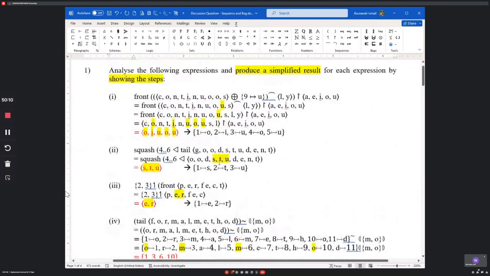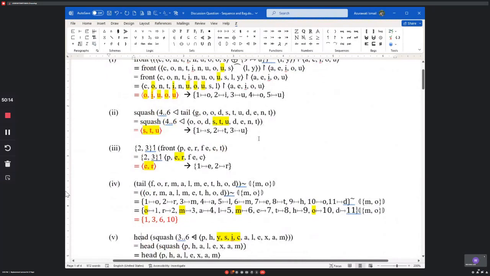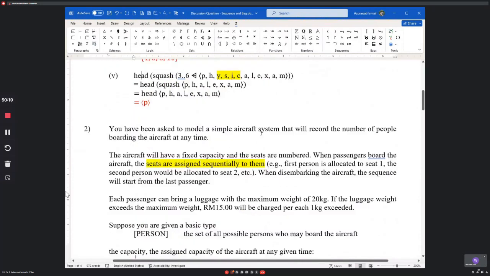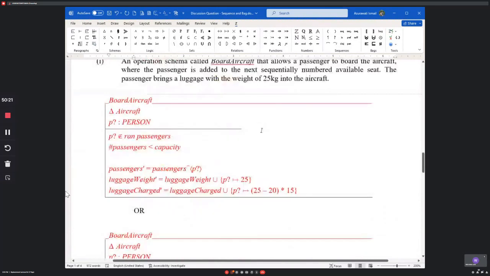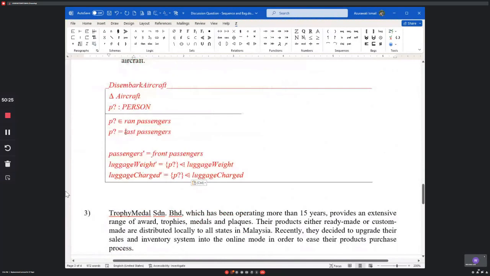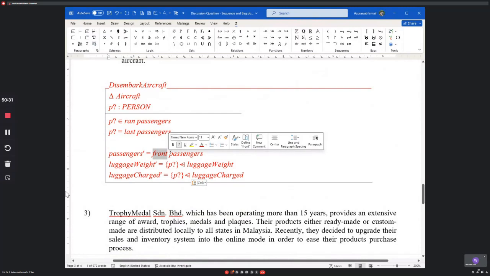Here don't have last. So these are the ones you can use in your scenario for your sequence. For last in, first out, you use last and front to update your database data.